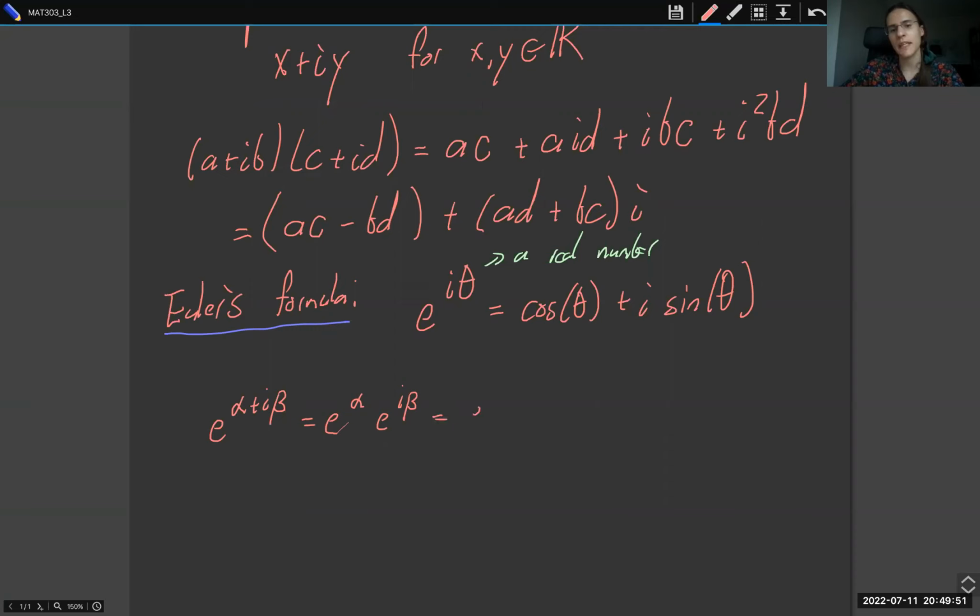And so that would be e to the alpha times cos beta plus i sine beta. I don't know, maybe it's better to write the i at the end.